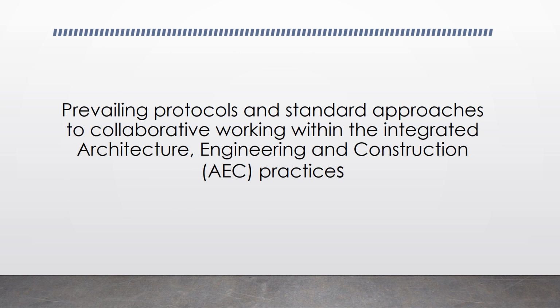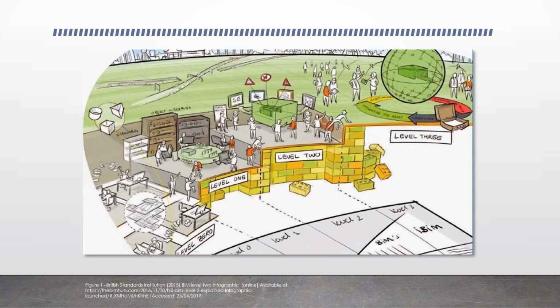Prevailing protocols and standard approaches to collaborative working within the integrated architectural, engineering and construction practices. Now, the standard approach is to use the BIM model, and the BIM model is all about sharing information, and how this progresses is we're moving from the older model into the newer model.